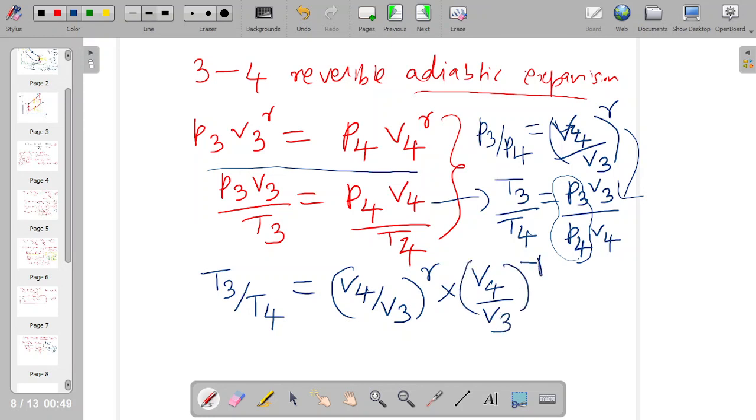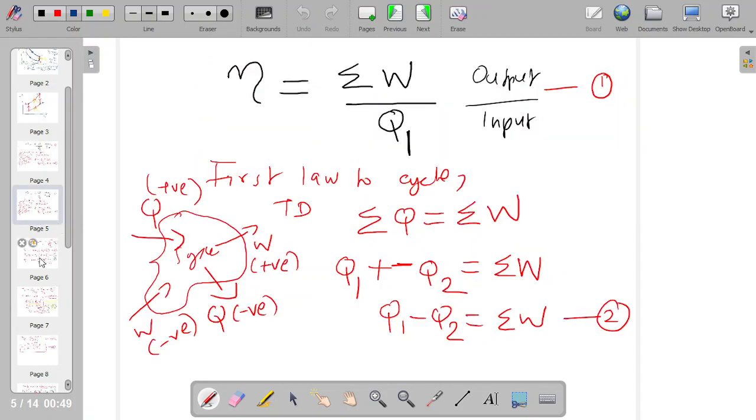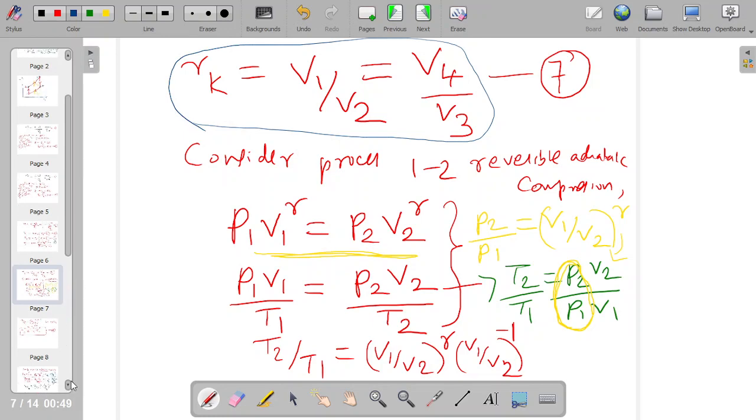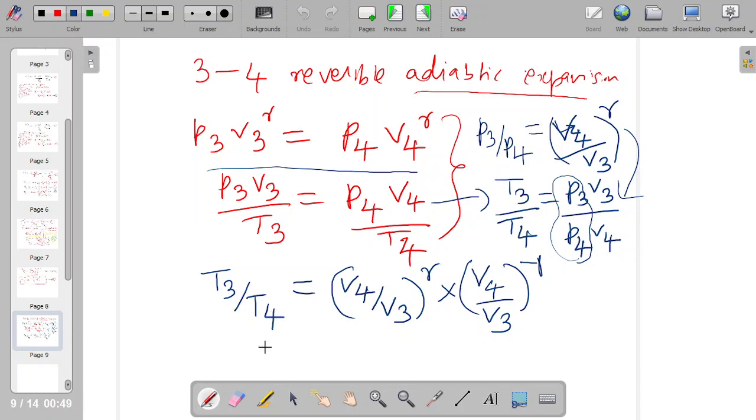Now what is this V4 by V3? That is the combustion ratio. If you look at the combustion ratio expression here, V4 by V3 is again the combustion ratio RK. So T3 by T4 is again the combustion ratio raised to gamma minus 1, that is RK raised to gamma minus 1.